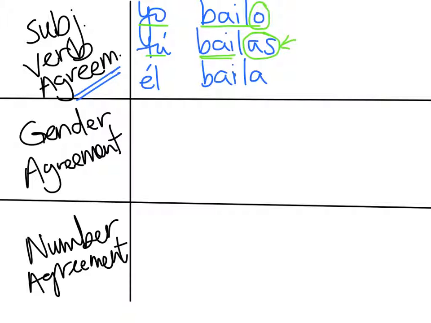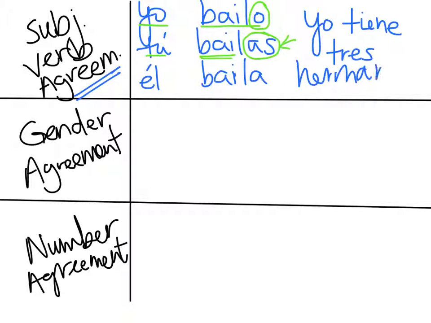So what I would recommend doing is when you are writing and you write a sentence like yo tiene tres hermanos. Okay, instead of just spitting out that sentence and saying, okay, yep, I have 3 brothers, go back and say, okay, my subject is yo. Is tiene correct?